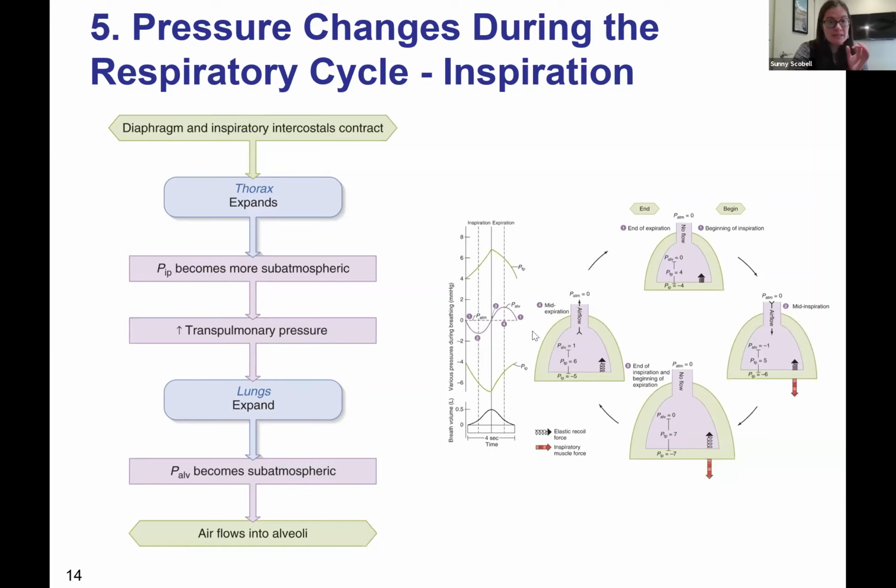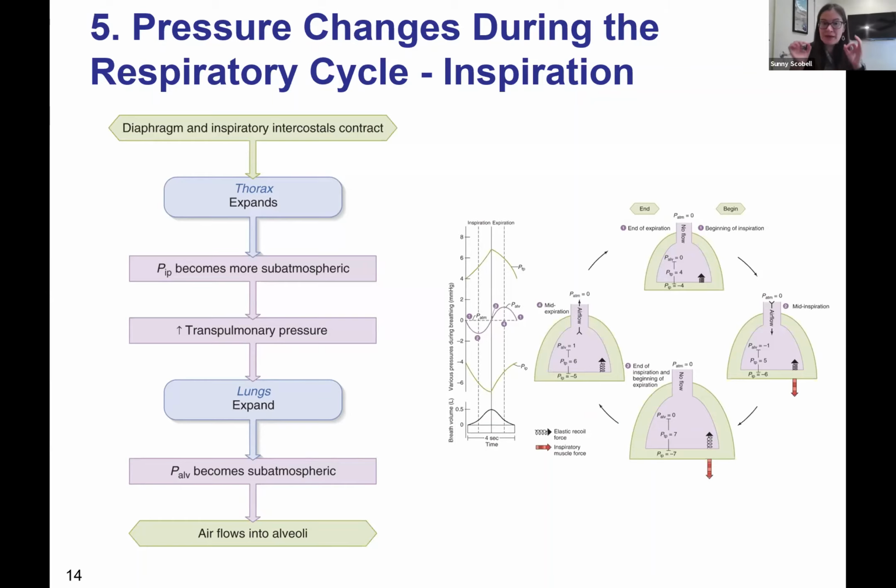So somebody asked if I could repeat it. Yes, again, container moves first. Pressure inside that container changes second. Third, air moves from high pressure to low pressure. Those are the three principles you need to remember as we start layering on the math and a lot of the physics involved here.